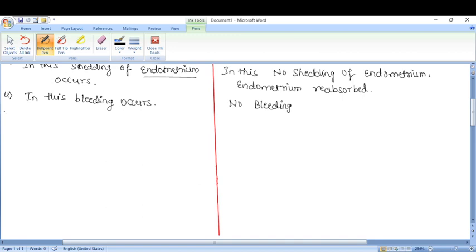Next one, the menstrual cycle occurs normally every 28 days, whereas the oestrus cycle occurs normally every 21 days.